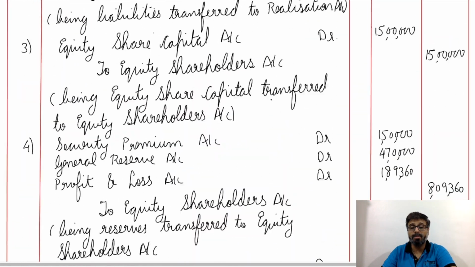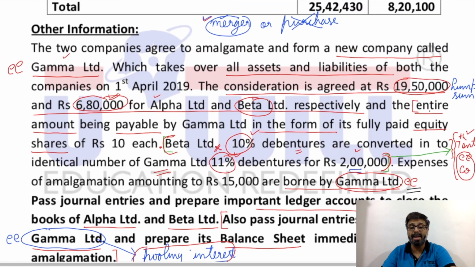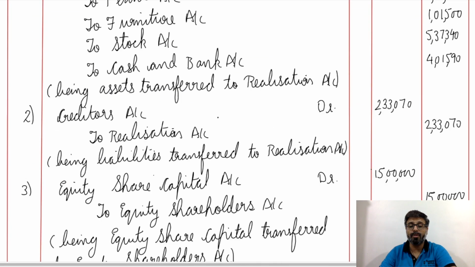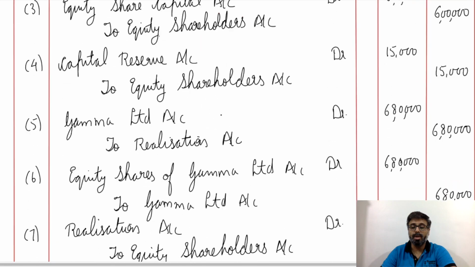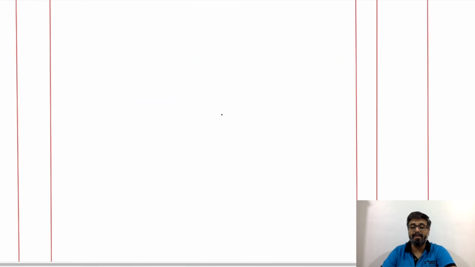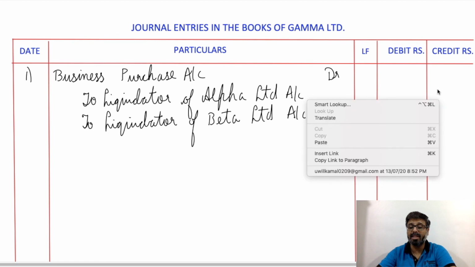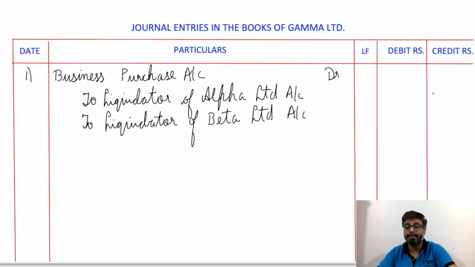Now what amounts? The purchase consideration. If you see this paragraph, 19,50,000 is the consideration for Alpha Limited and 6,80,000 is the consideration of Beta Limited. So for liquidator of Alpha Limited, we will record 19,50,000, and for liquidator of Beta Limited, we will record 6,80,000.